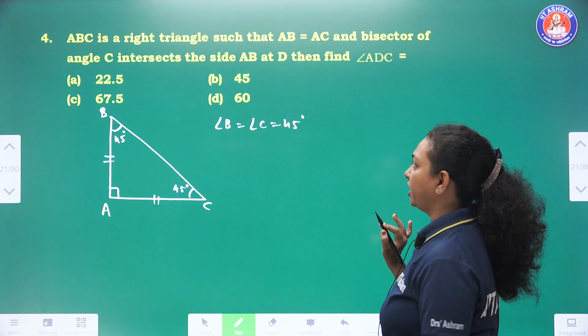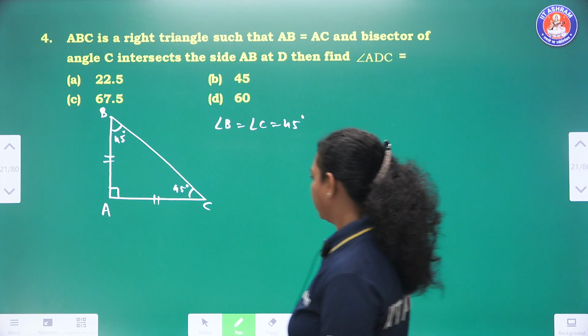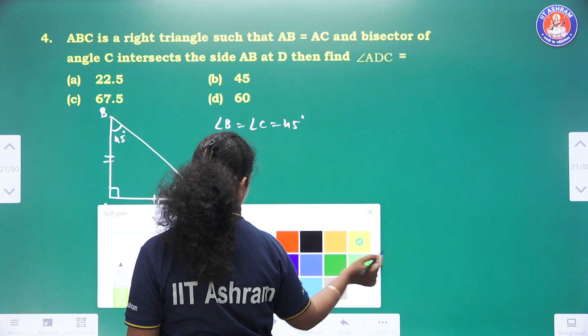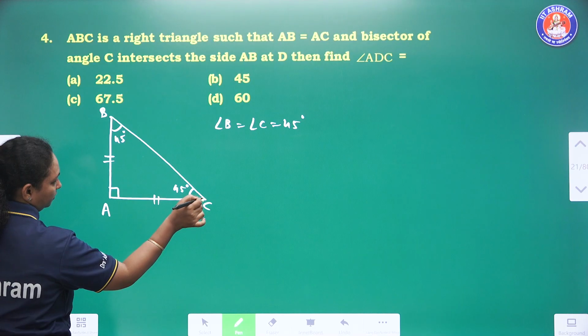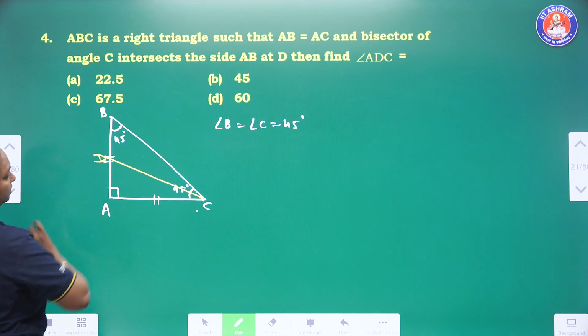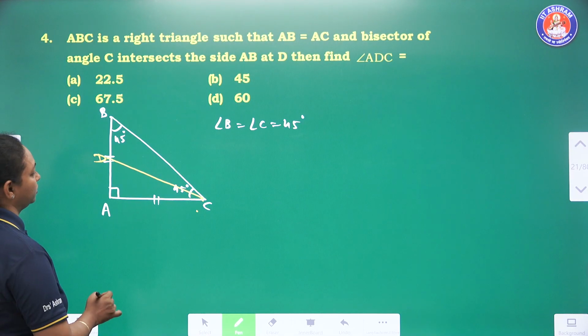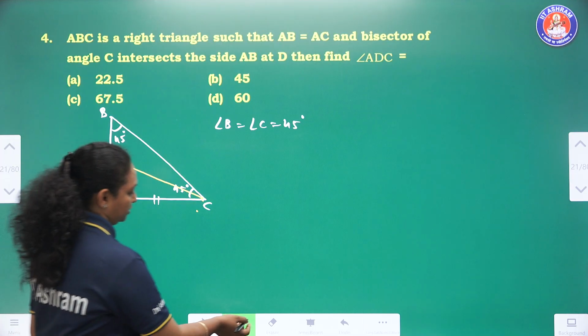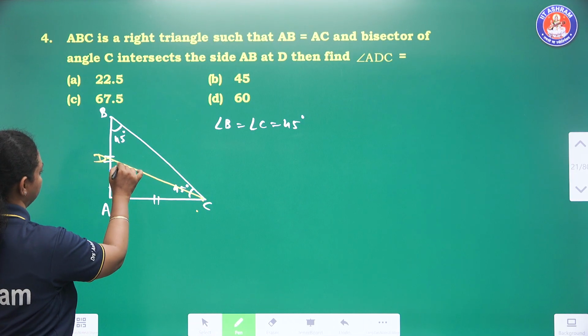Now the next is we are going to construct the angle bisector of angle C, right? Suppose this one is the D point and CD is the angle bisector. You have to find the measure of angle ADC.